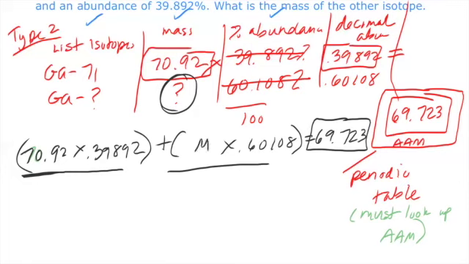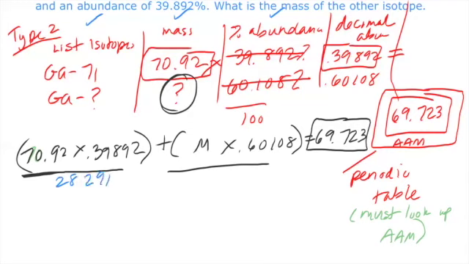Okay, so how do I solve this algebraically? Well, I'm going to multiply 70.92 times 0.39892, and that gives me 28.291.